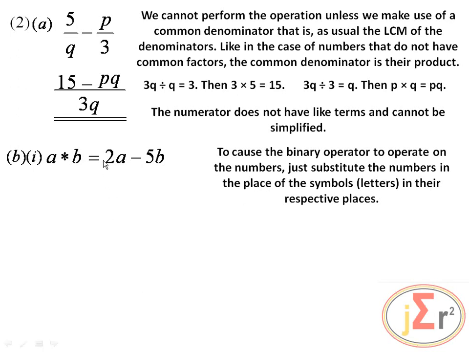So where we see A, we will substitute the value of A. Where we see B, we substitute the value of B, and that is all there is to it. So we have 3 asterisk 2, our 3 star 2, 2 3s minus 5 2s. So we will have 6 minus 10, and that will give us negative 4.